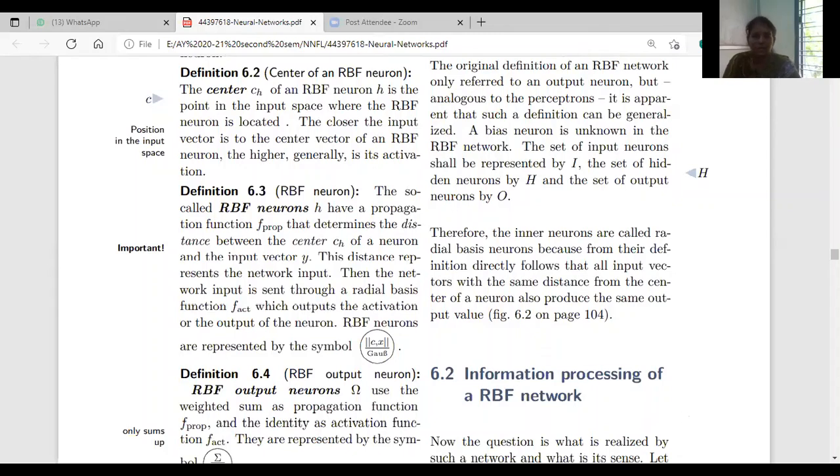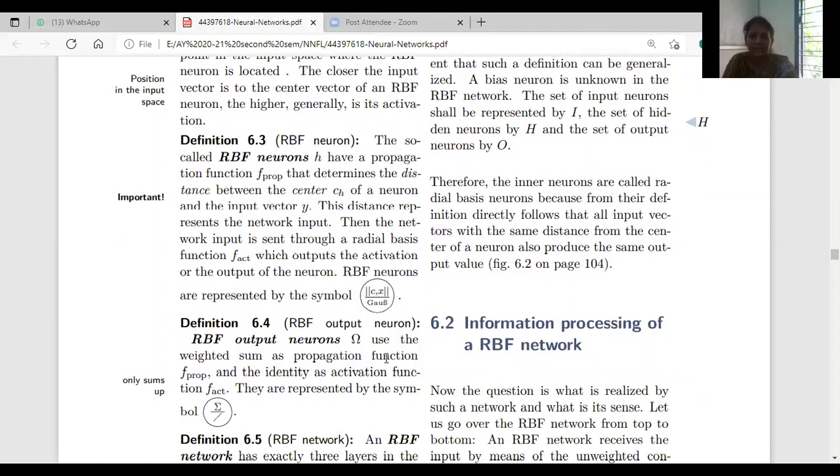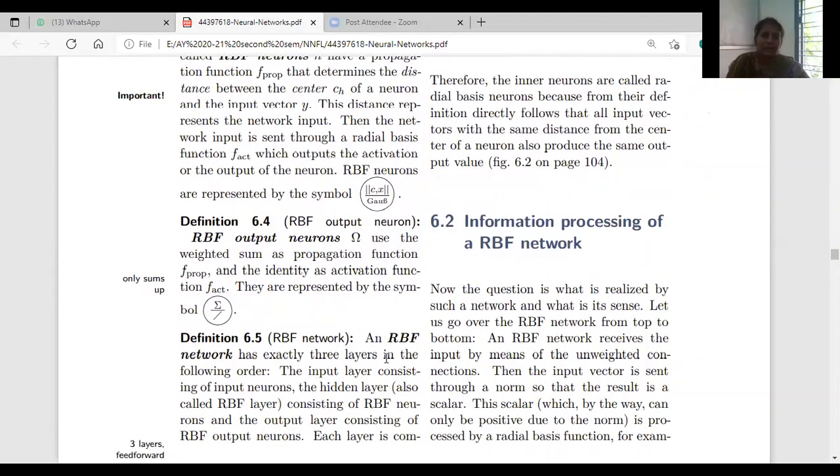Usually, RBF neurons are represented like this: a circle with the symbol of norm of C, X divided by Gaussian. The Gaussian is indicating here the activation function. The RBF output neuron is indicated with omega.